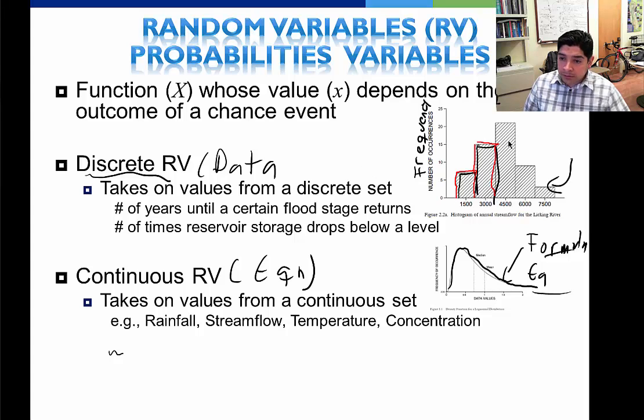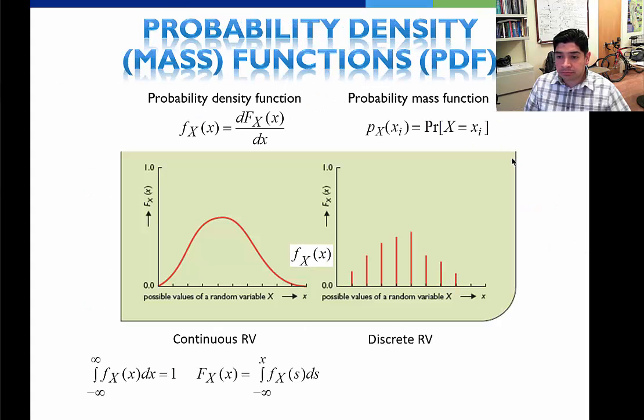Now if to this type of data you fit a distribution or an equation, then what you have is these guys here, which is a continuous random variable. Why is this called discrete? Because it just goes from this value to this, it kind of jumps. This one is continuous because it has a continuous equation going through the representation of this function.